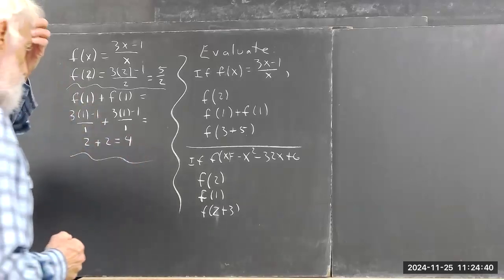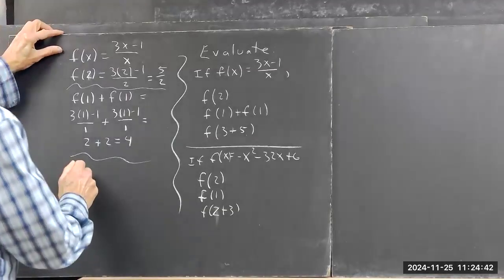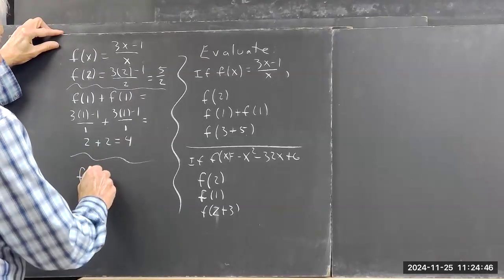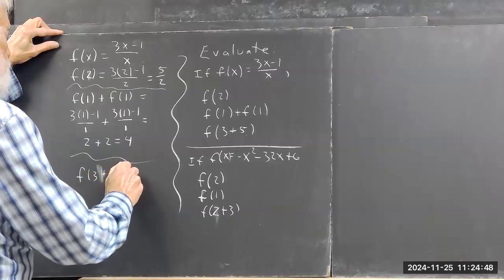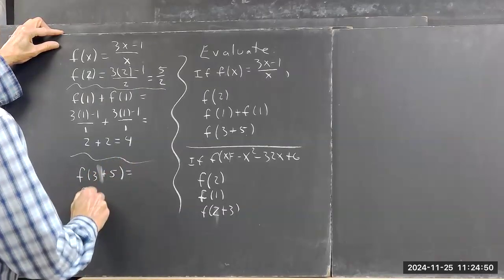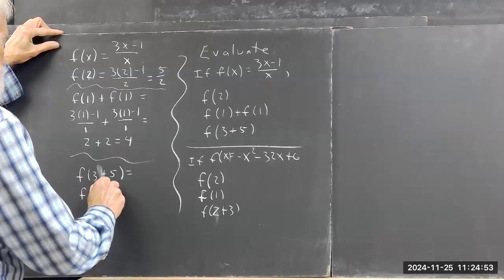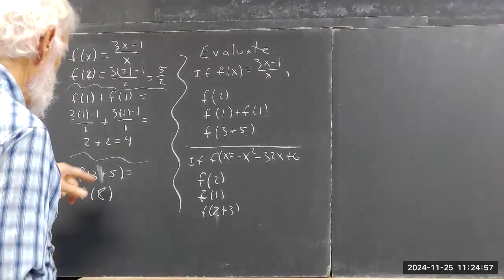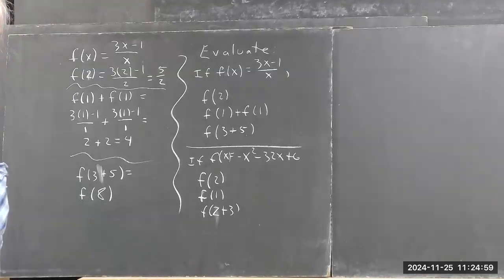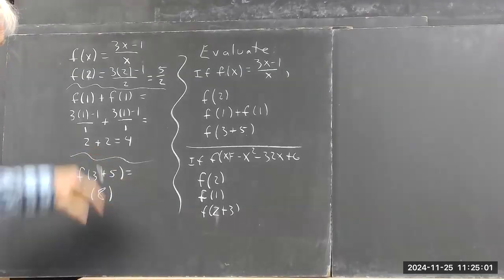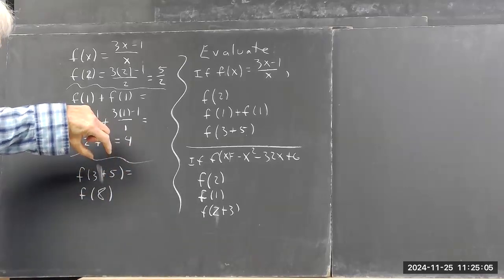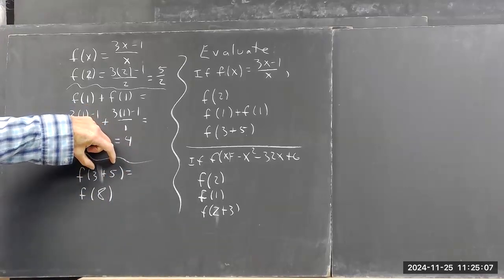Then f of 3 plus 5 equals what? That's f of 8, because, of course, by the order of operations, we add the 3 and the 5 before we do anything else. It's in parentheses. It means whatever's in parentheses is, okay, it's 3 plus 5.